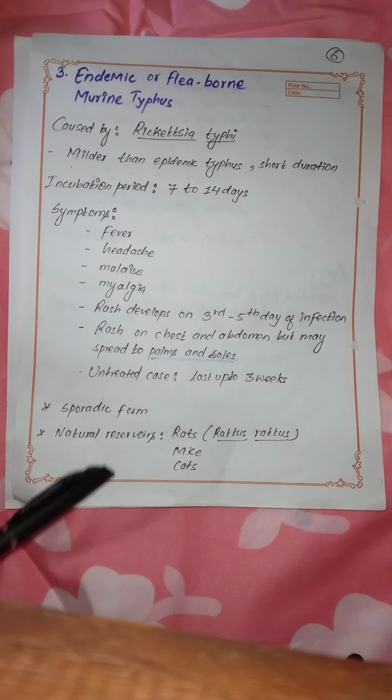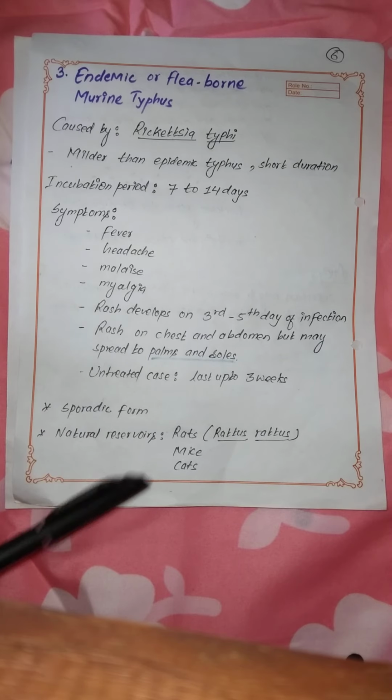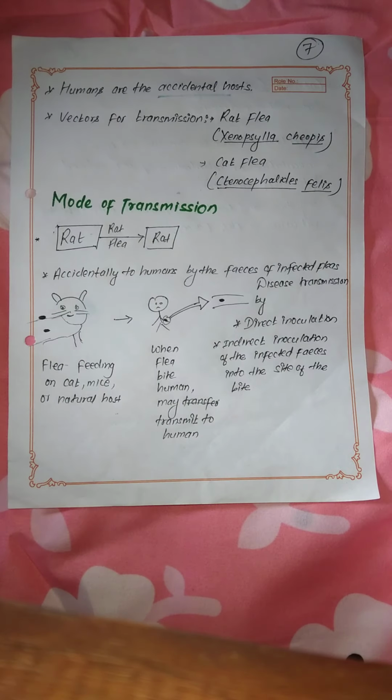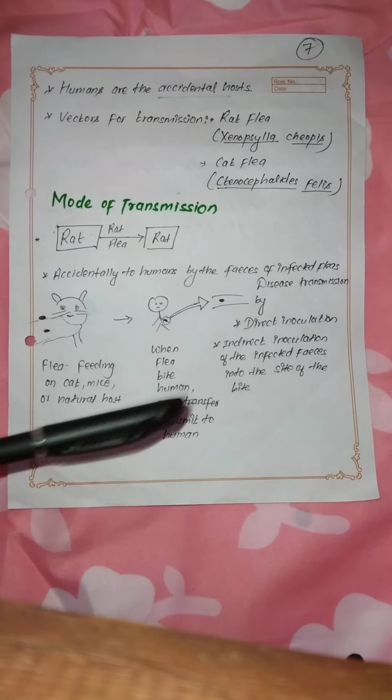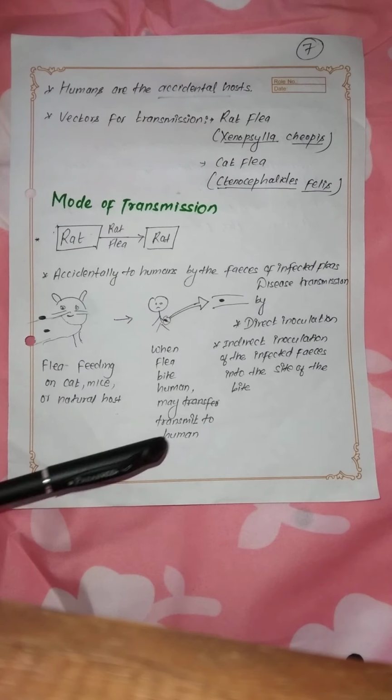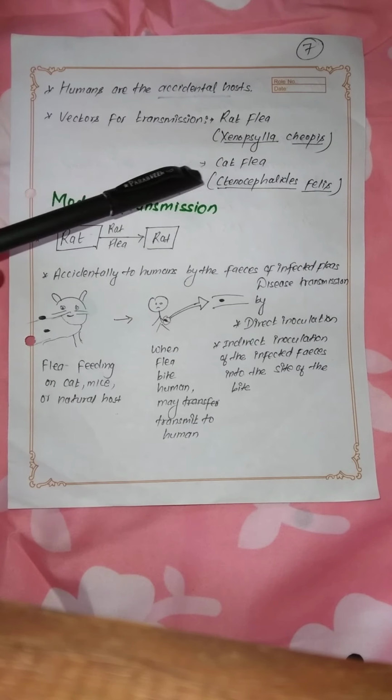The natural reservoirs are rats, mice, and cats. Humans are the accidental host. In the previous one, humans were the primary reservoir, but in this case, they are only the accidental host. Vectors for transmission are the rat flea and the cat flea.